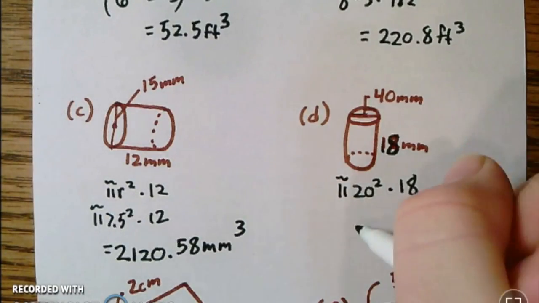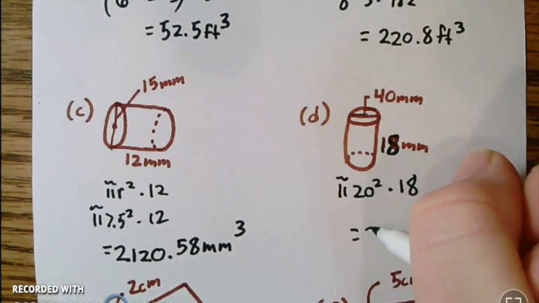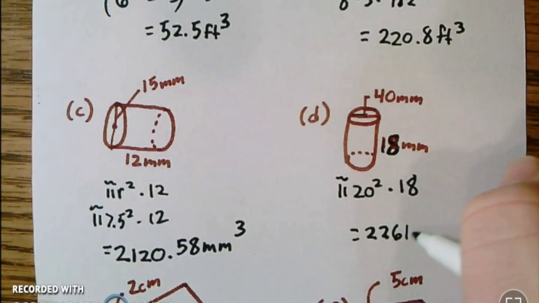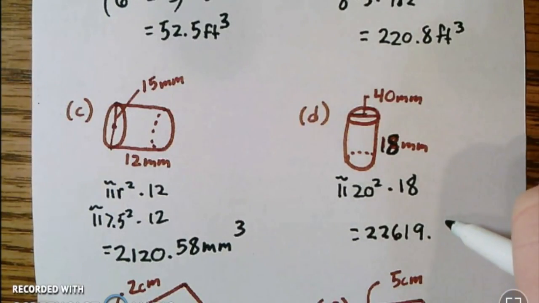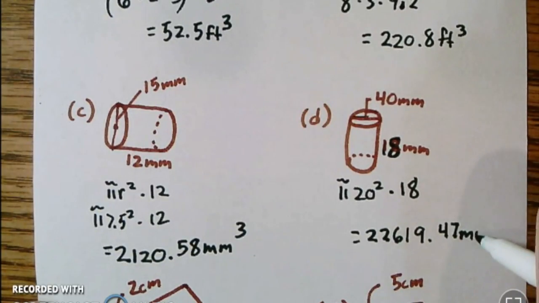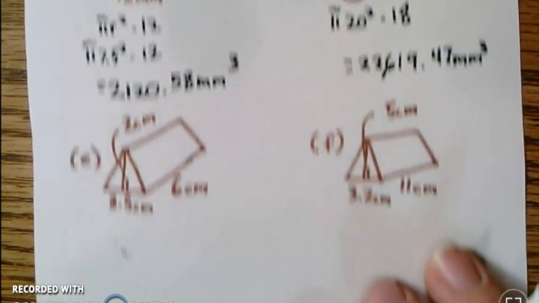Oh my. All right, so this equals 22,619.47 millimeters cubed. Big number.